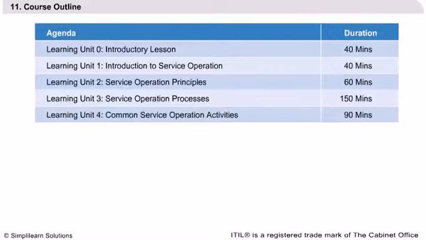Learning Unit 4 talks about common service operations activities. In this unit, we will discuss how the common activities of service operation are coordinated for the ongoing management of the technology that is used to deliver and support the services.